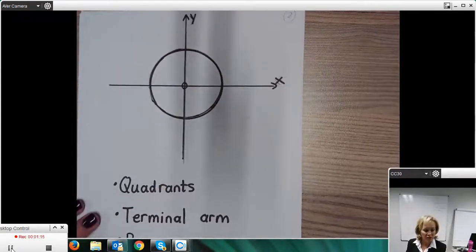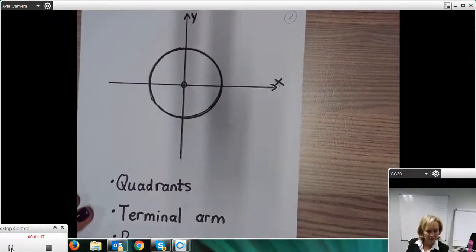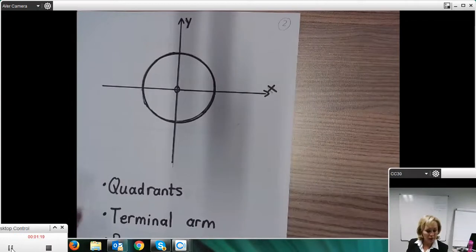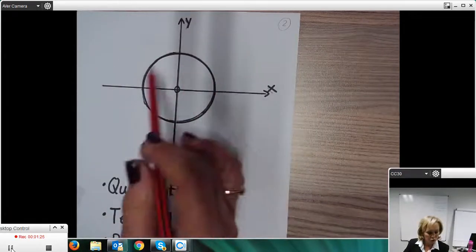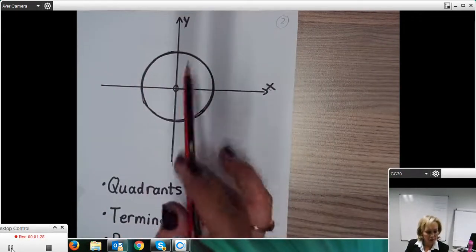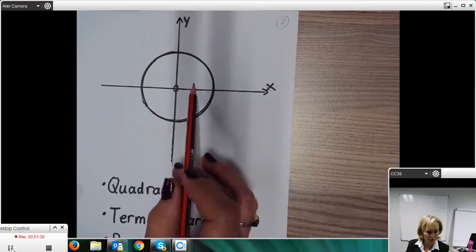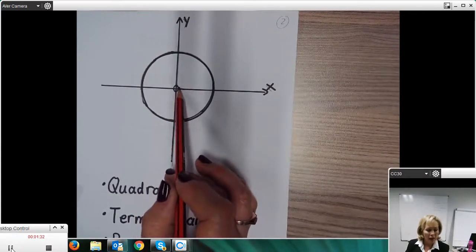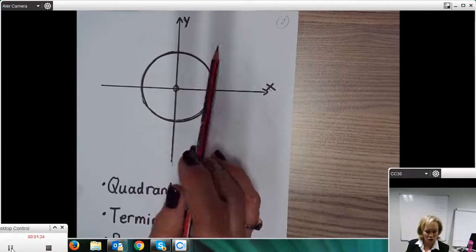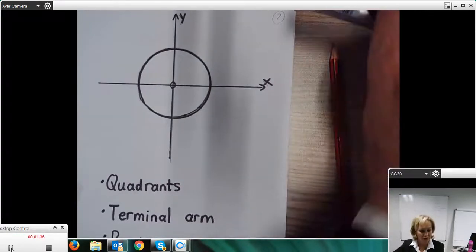Alright, so let us start off by looking at what is meant by the four quadrants in which angles can lie. I have drawn a circle in the Cartesian plane with centre the origin, and this circle divides my Cartesian plane into four quadrants.